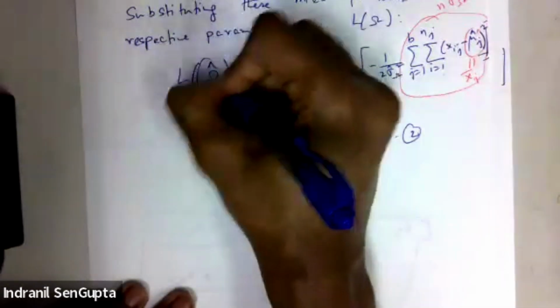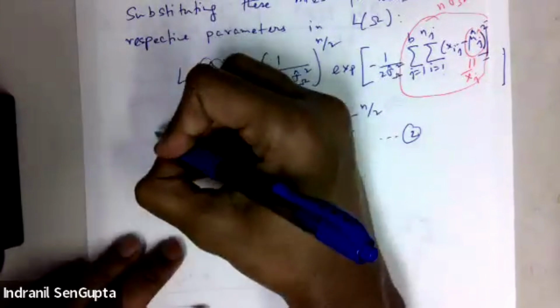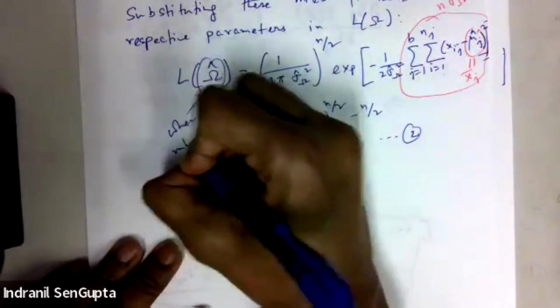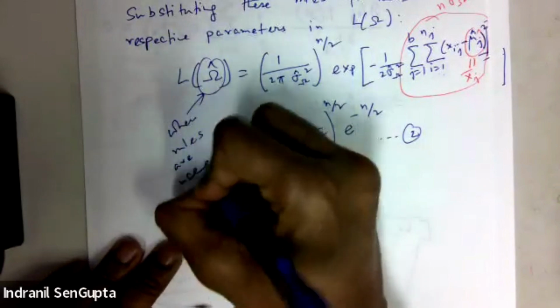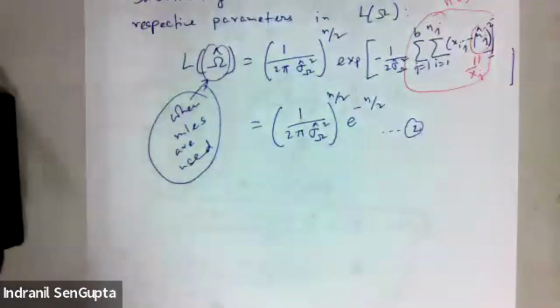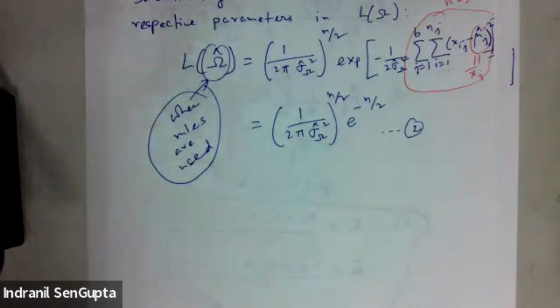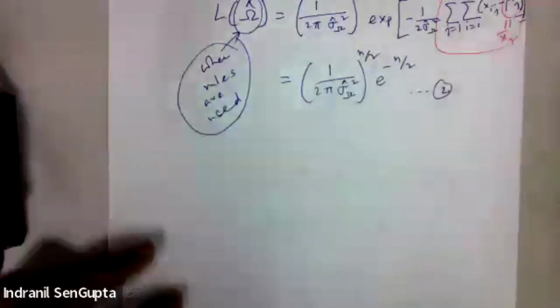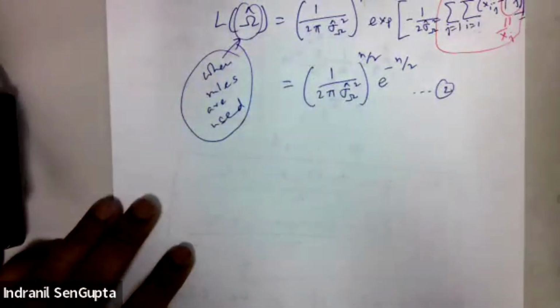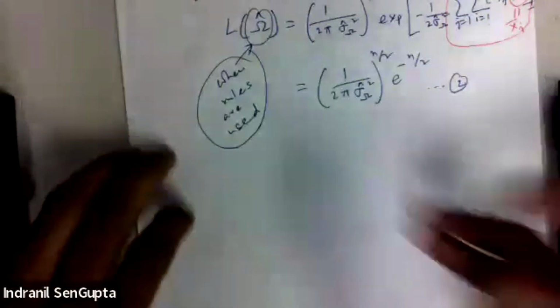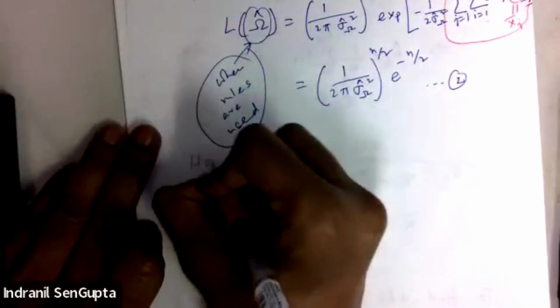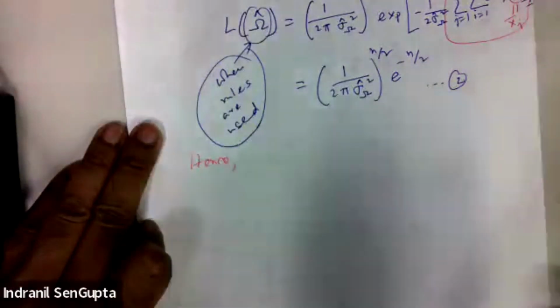By the way, here omega hat means the same thing when maximum likelihood estimators are used. Now we can do the likelihood ratio test. Hence, now we are ready for our analysis.